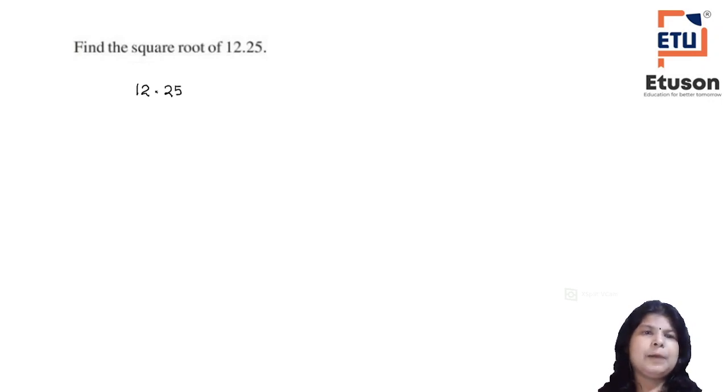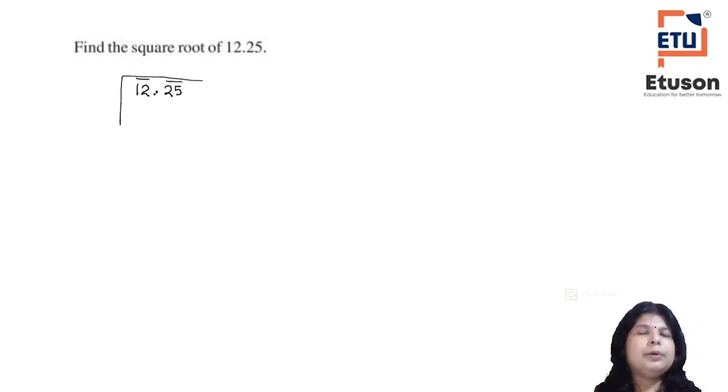The number after the decimal point has to be paired starting just after the decimal point, and you start the pairing and putting the bar from there. So you have paired 25. Similarly, for the number before the decimal point, you have to start from the unit place, and now you have paired 12.25. Right?